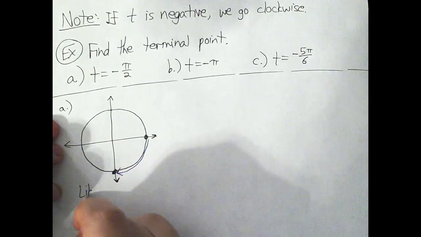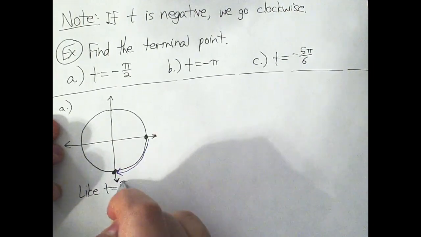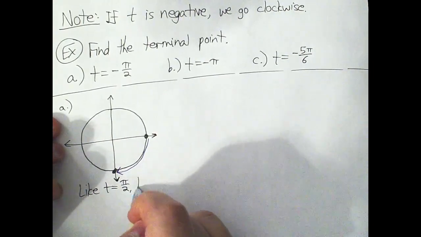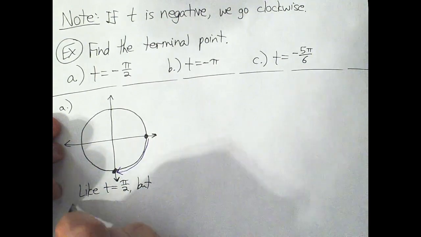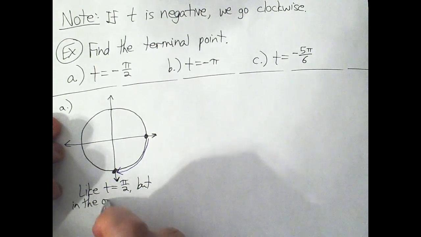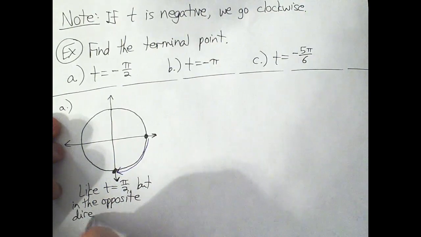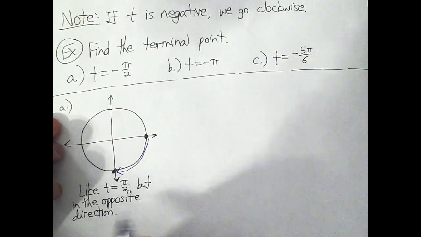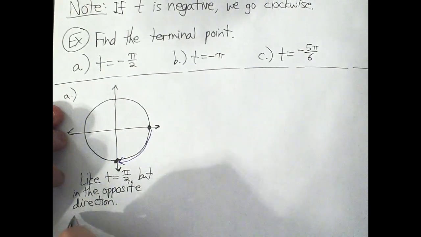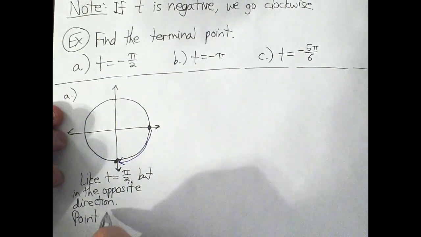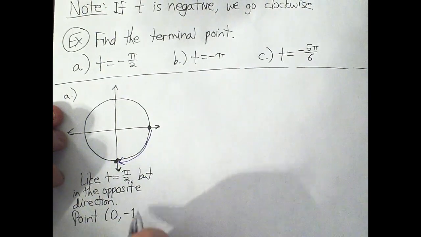So it's like t equals pi over 2, but in the opposite direction. So instead of taking us to the top of the unit circle, it takes us to the bottom of the unit circle. Terminal point 0, comma, negative 1.